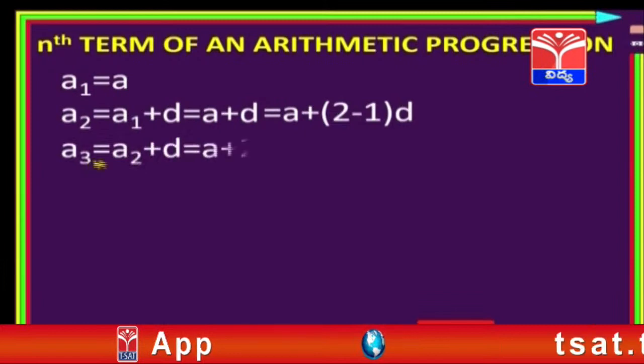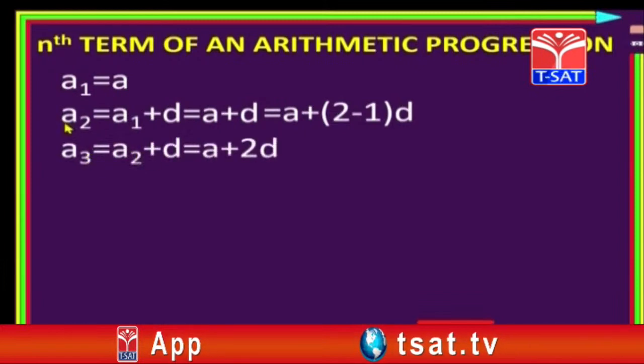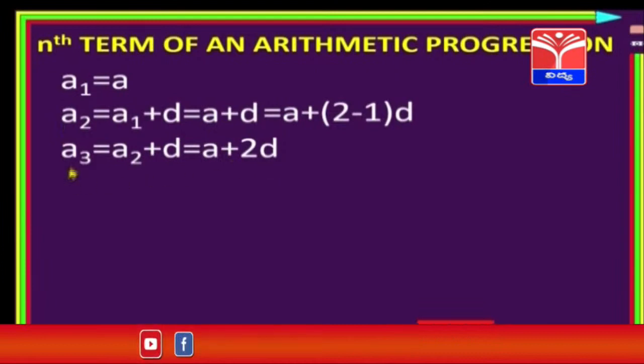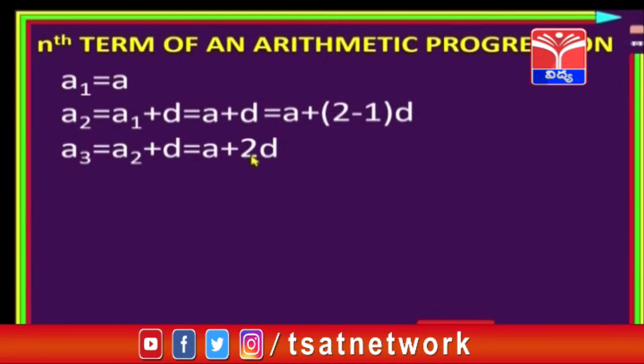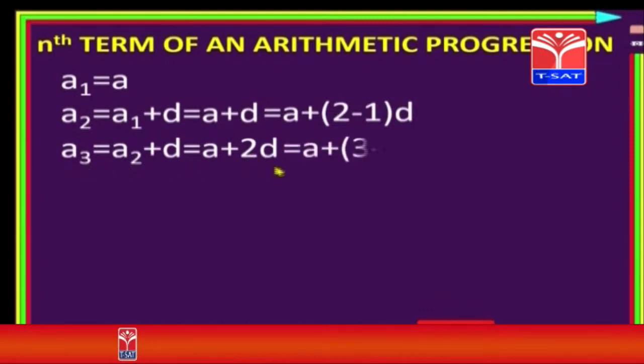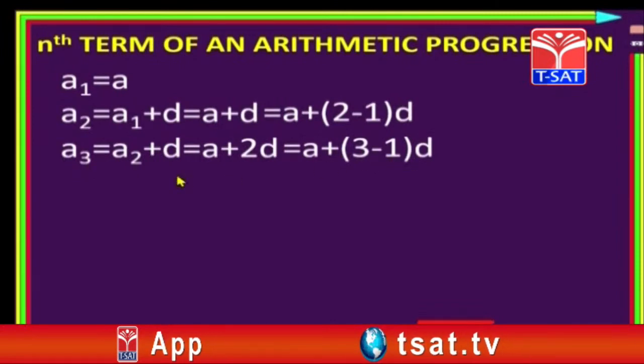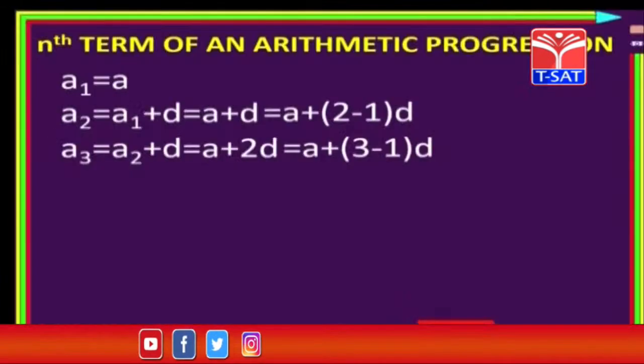Next, what is the third term? The third term is adding D to the second term, that is A plus D plus D, which is A plus 2D. So A3 is equal to A plus 2D. Here we have 3 and here we have 2, so it is reduced by 1 unit, which can be written as A plus (3 minus 1) into D. Students, can you guess the next term? A2 is A plus D, A3 is A plus 2D.